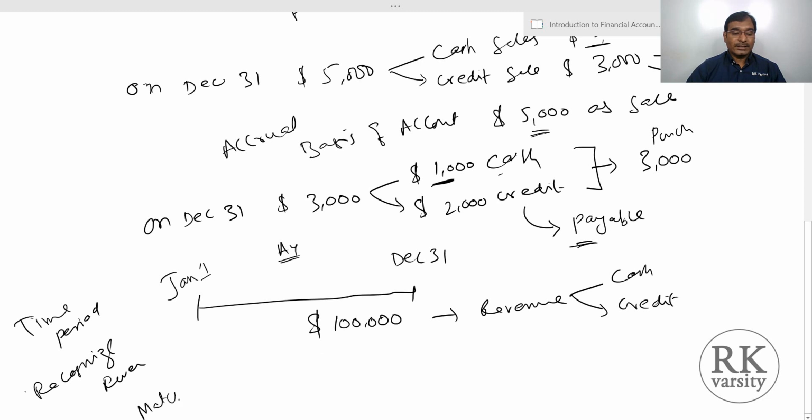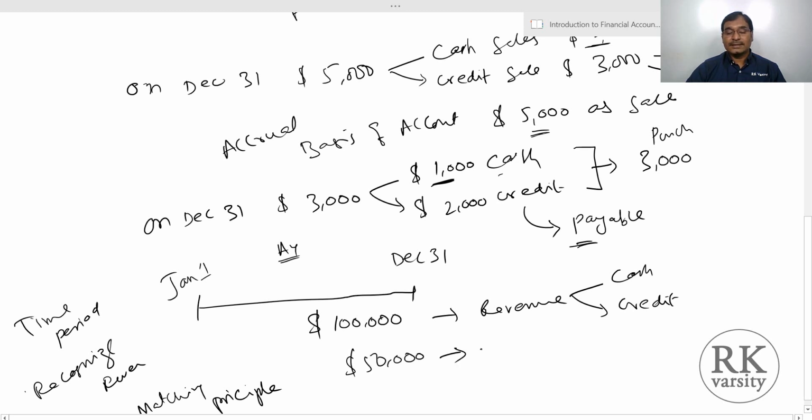And the third one is our matching principle. According to our matching principle, all the costs incurred to generate this revenue need to be matched. That means, let us say to generate this 100,000, we spent $50,000 as expenses.